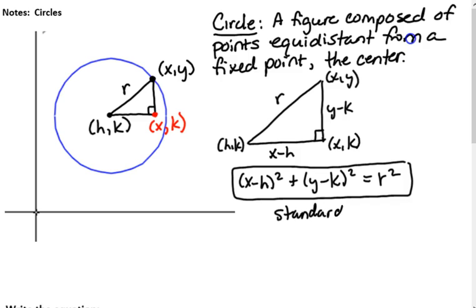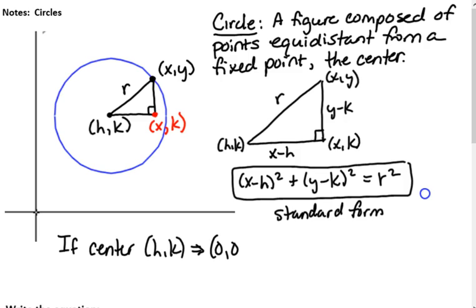Standard form makes it very easy to graph, because using this form I can easily figure out what the center and the radius is. Now if the center H, K is equal to 0, 0, then the formula would just be x squared plus y squared equals r squared.